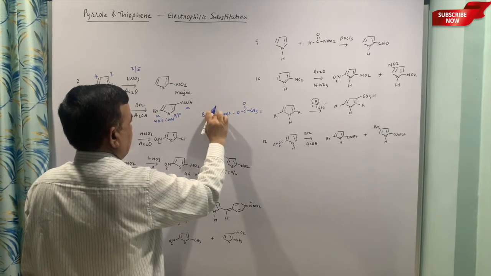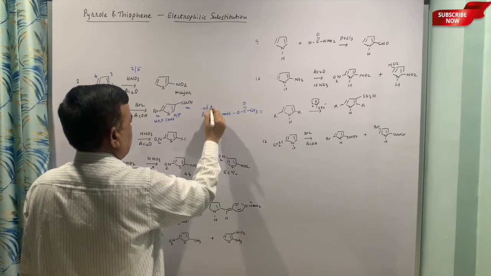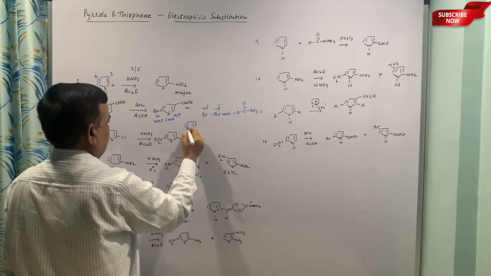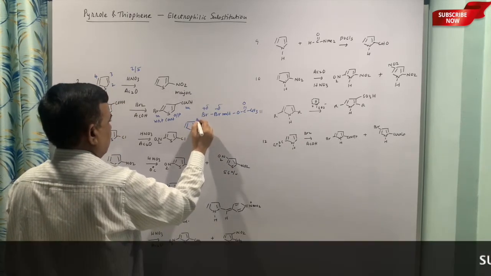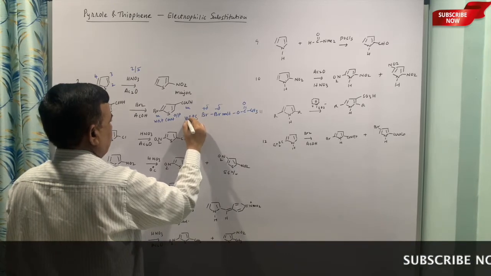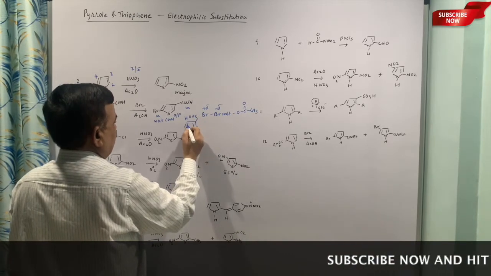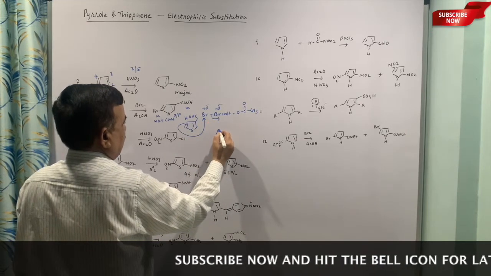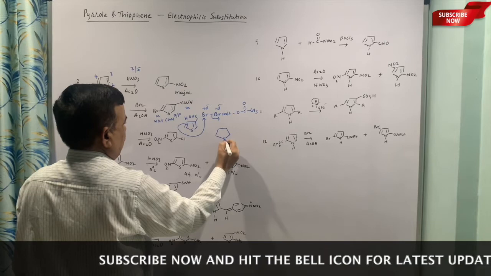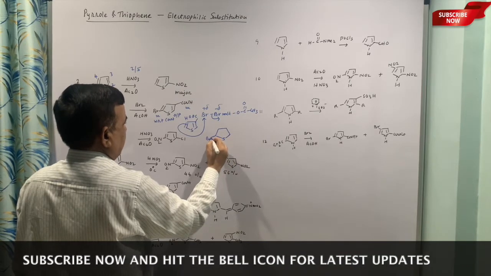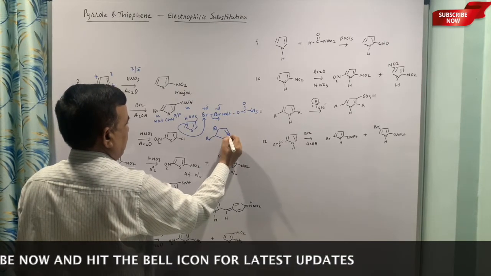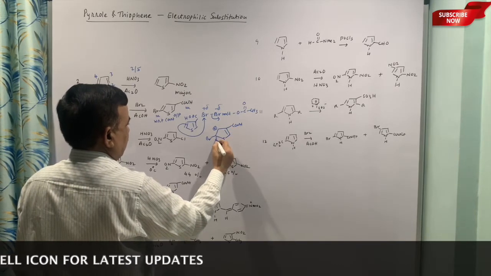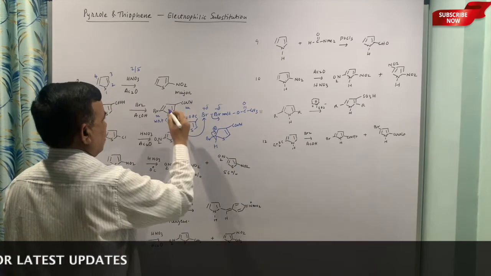So this will make this end electropositive and this end electronegative, and then this double bond will attack here, and eventually you get Br here, this will be plus, and ultimately this proton is sacrificed so that this product is formed.